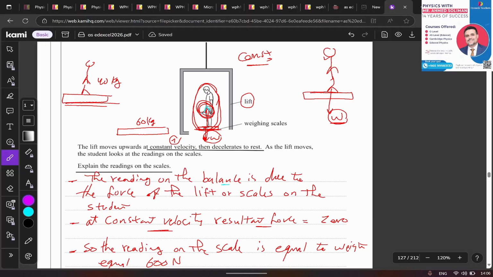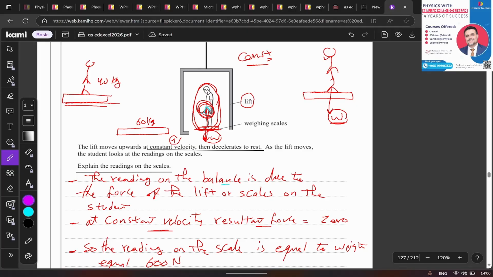You can make an experiment at home if you have a balance. Place the balance on the surface of the Earth and stand on it. You will see your weight or your mass. After that, place this balance on your bed and stand on it and take the reading.